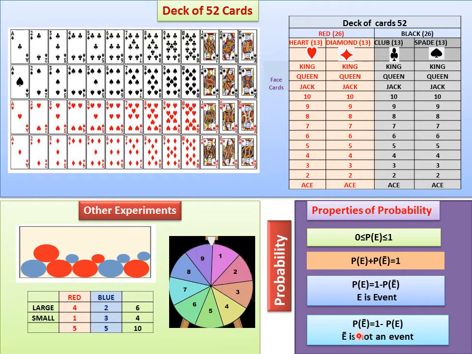Similarly the other way around, if I am given the probability of occurrence of an event, I can calculate the probability of its non-occurrence. These are the properties of probability that we need to know in solving problems on probability. I hope these will help you in solving all the problems on probability.